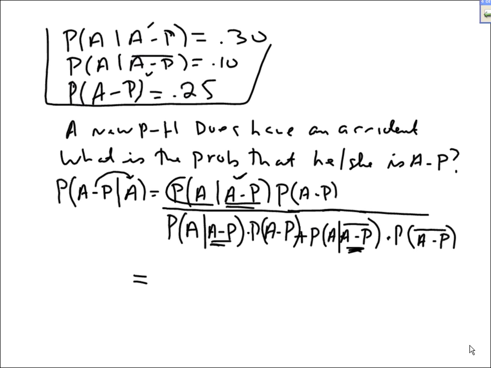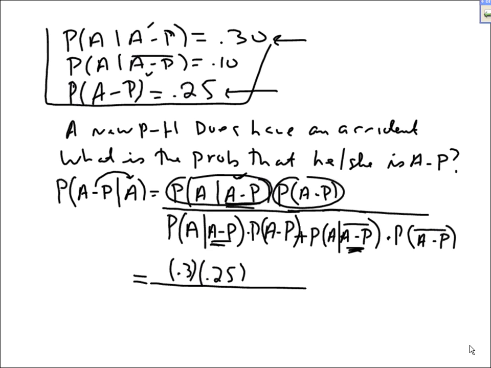The probability of having an accident, given that you're accident prone, the first one, is 0.3 times the probability of being accident prone, which is 0.25. Now, what you have on the top is always going to be one of the bottoms, and it happens to be the very first one.